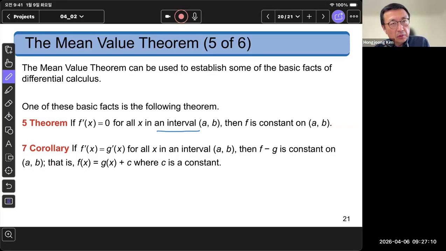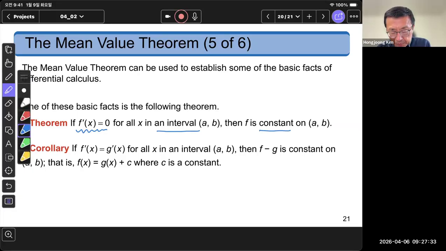This is important. If f prime is 0 at all points on one interval, then that function must be a constant on that interval. So this interval is important.